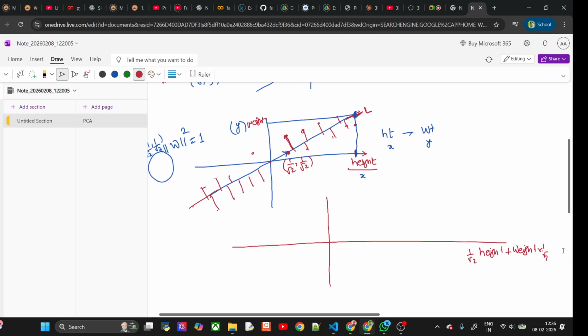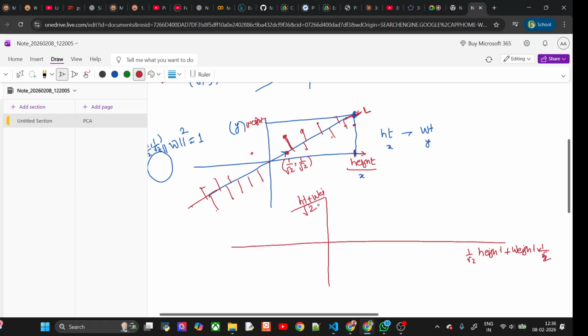I just want to plot this graph. In the same way, height plus weight divided by the square root of 2. This is an important point.